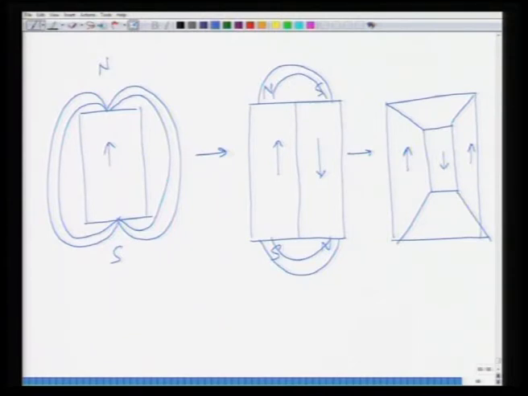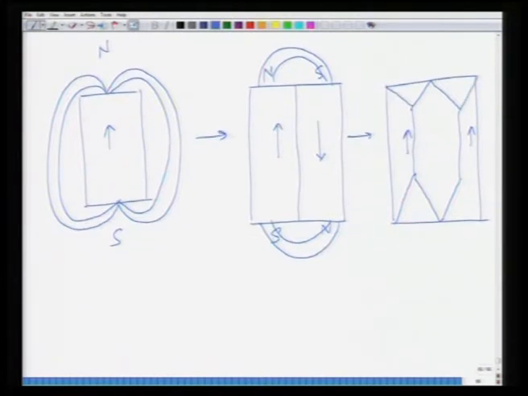Let us say the situation is something like this. So this is spin down.